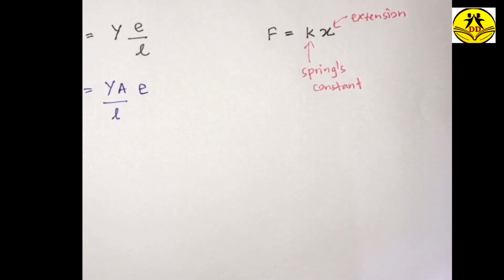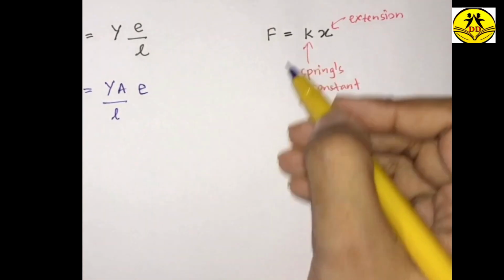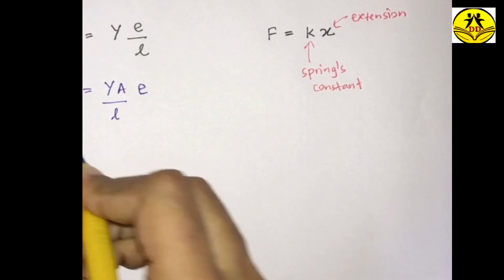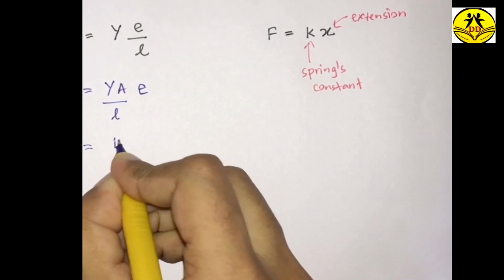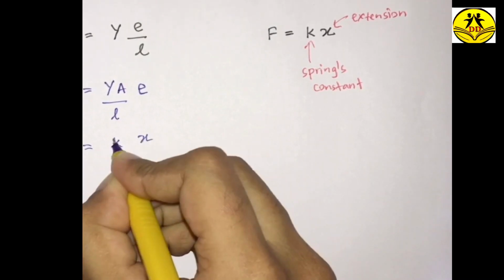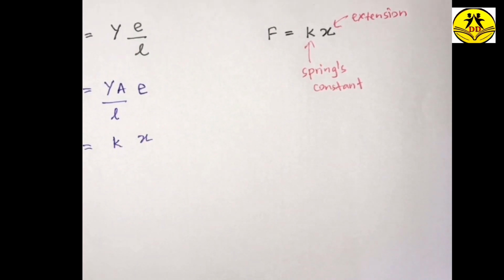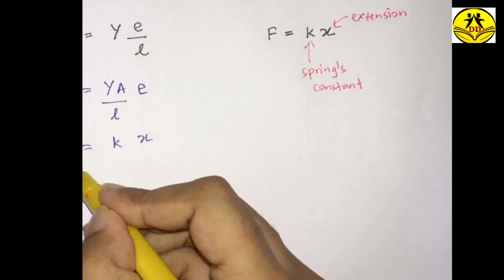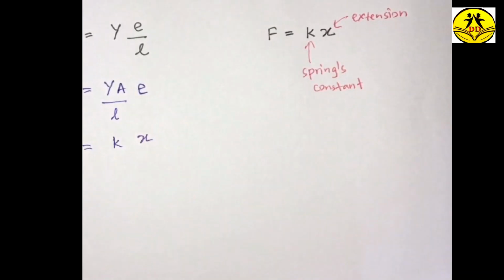Therefore, when we align these equations like this, when we take this equation here, we get F equals k x, like this. So you can see here force, force, extension, extension.